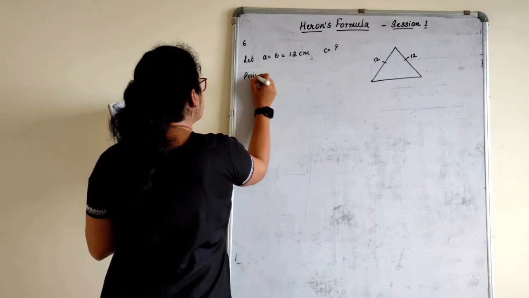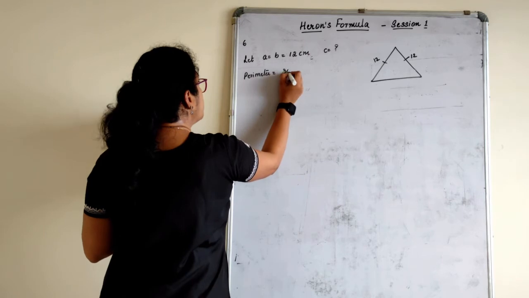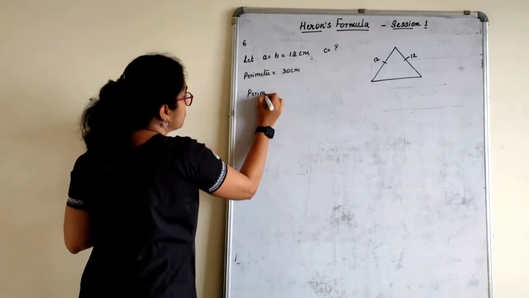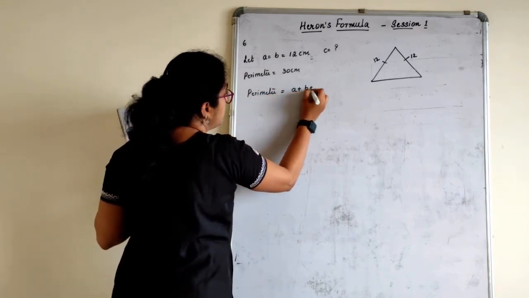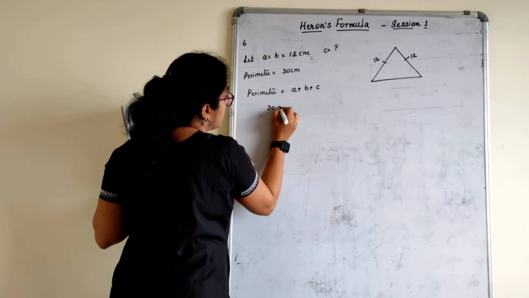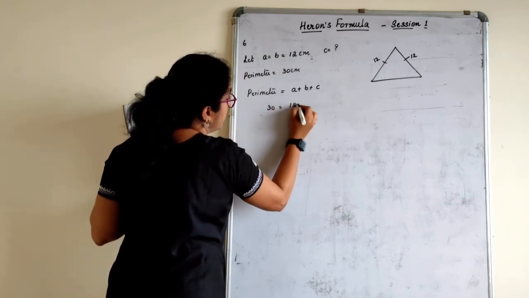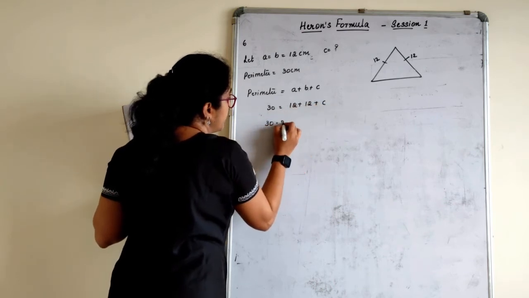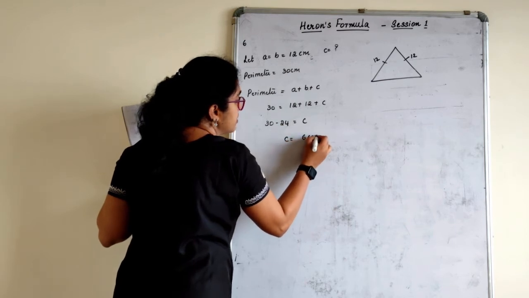Perimeter is 30 centimeter. Perimeter is equal to A plus B plus C. 30 is equal to 12 plus 12 plus C. 30 minus 24 is equal to C. So C is equal to 6 centimeter.